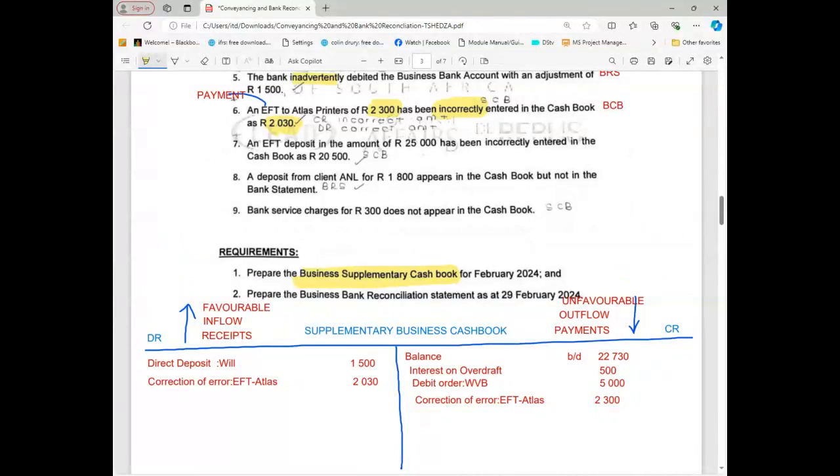And they're saying the EFT deposit in the amount of 25,000 has been incorrectly entered into the cash book. This is an error. Who made the error?